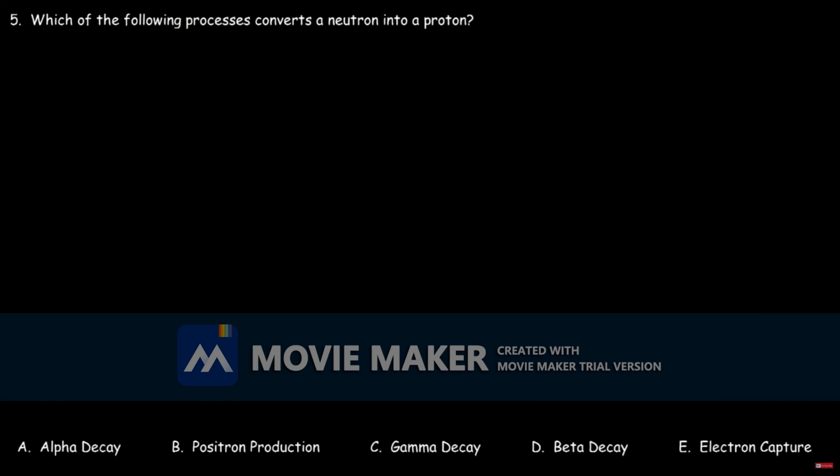So the next exercise is which of the following processes converts a neutron into a proton. Let's go through each one. First is alpha decay. We'll take uranium-238, which undergoes alpha decay to increase its stability.